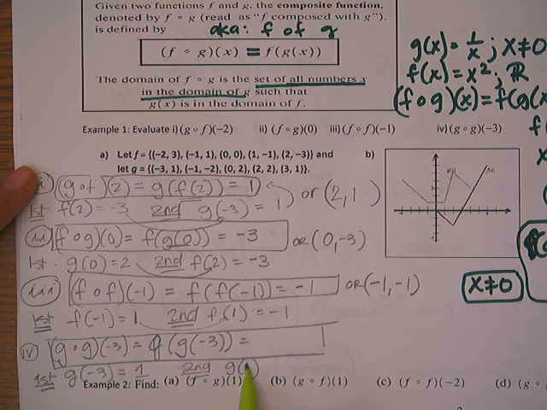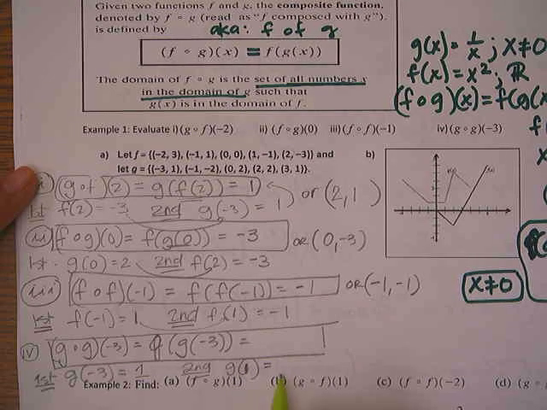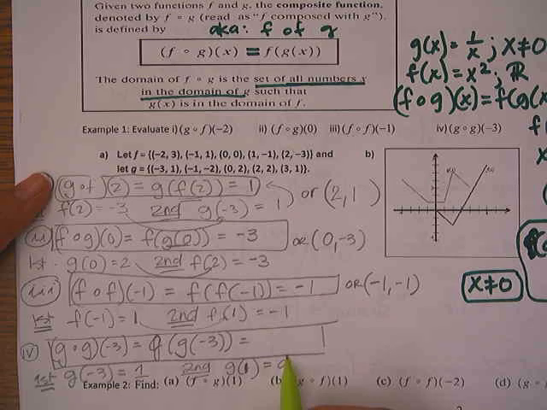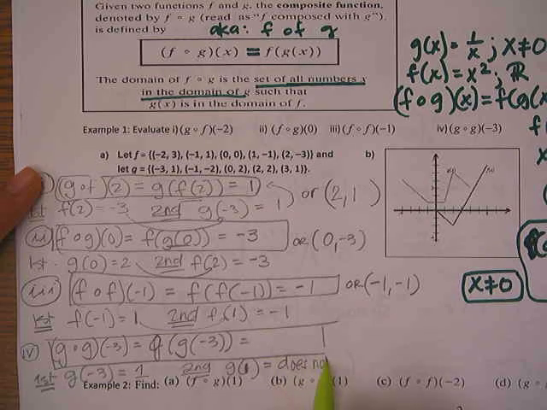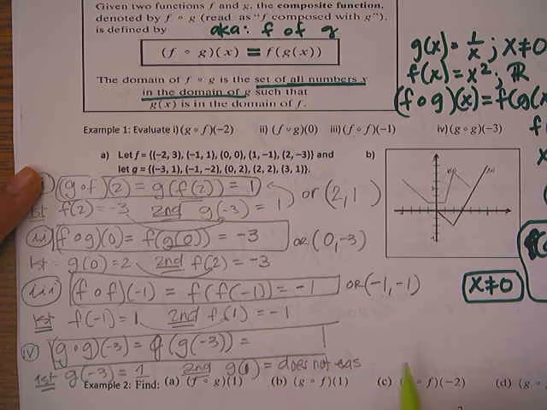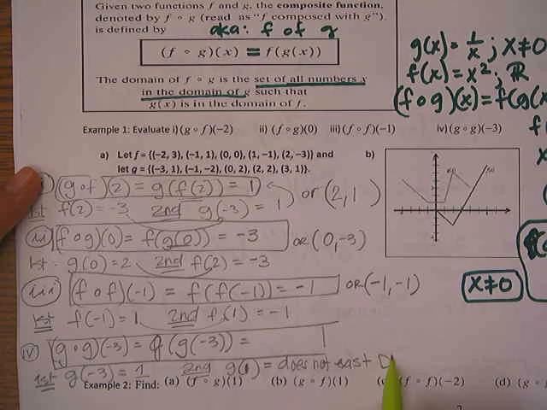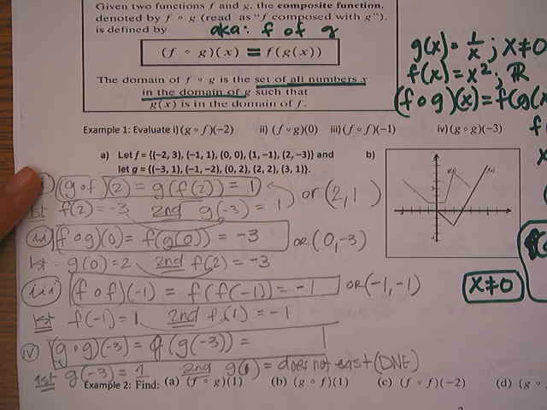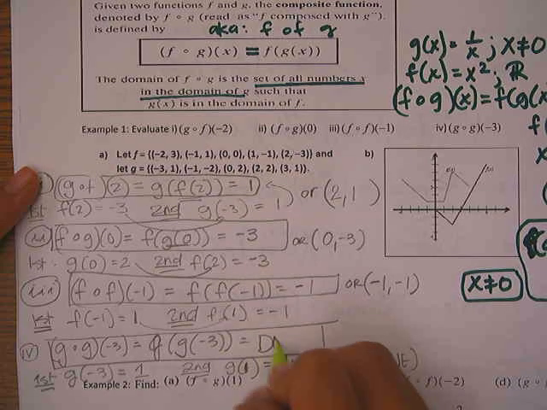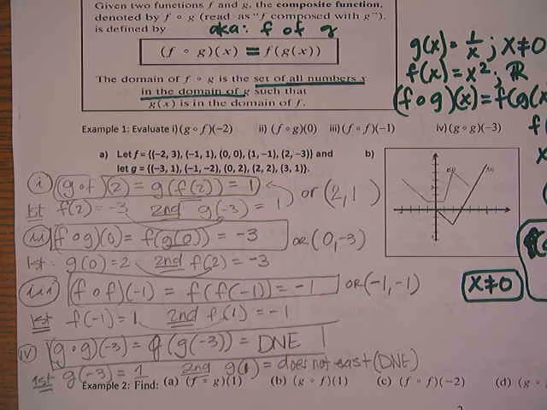Notice how in the g function, I don't have an input of positive 1. If I don't have an input of positive 1, the output doesn't exist. Can I spell D-N-E? D-N-E spells does not exist. So does not exist. Voila.